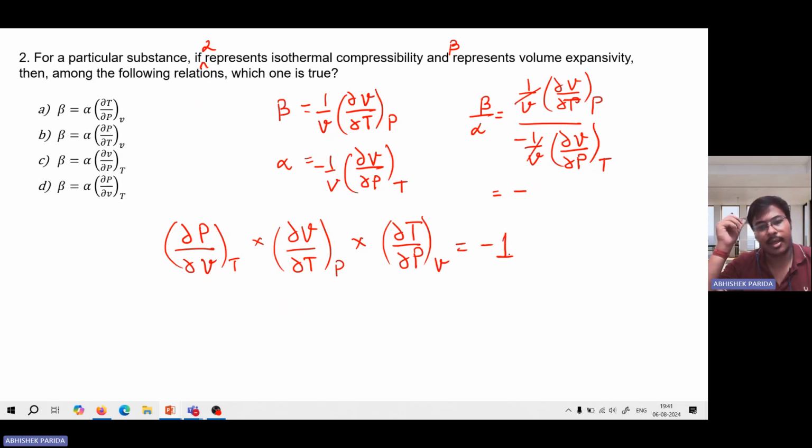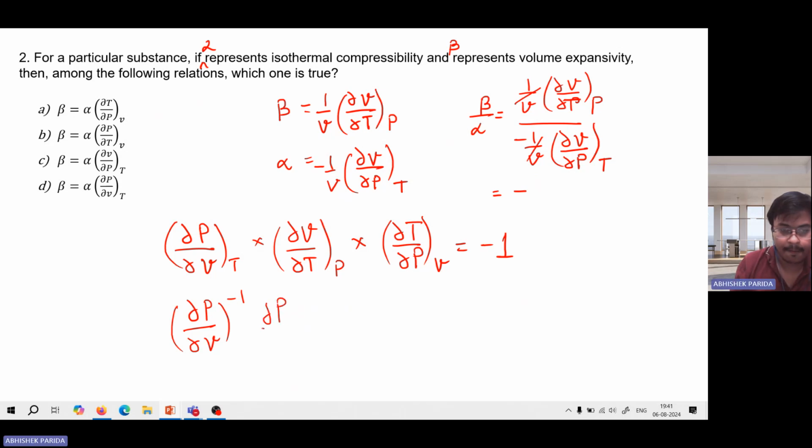This is the cyclic relation. From here, what do we want? We want dou V by dou P, which is this one. If you take it to the other side, just multiply both sides by the inverse of this.